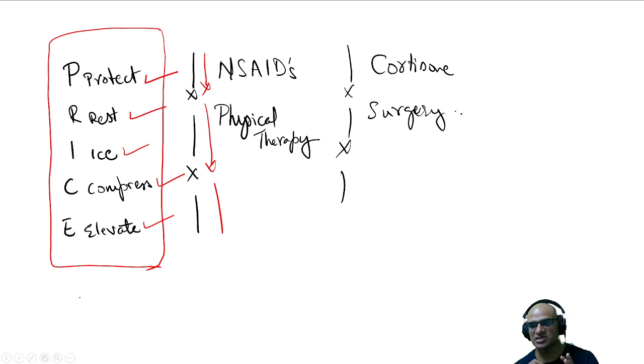But if that is not the scenario, if even with the rest and recovery protocol it's not helping, in the next 2-3 days it has become worse, or the pain is not reducing, then they have to go see a medical professional. So this is what we do when it comes to injury.